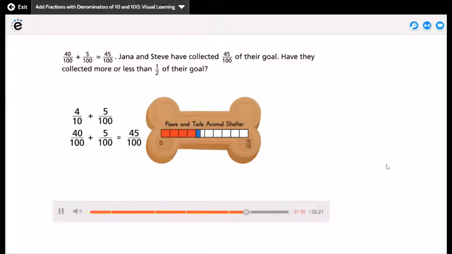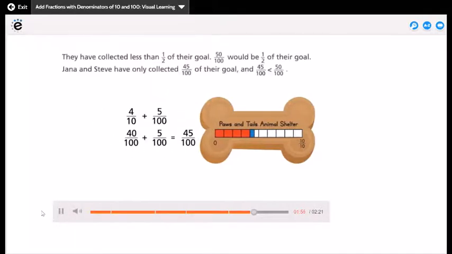Have they collected more or less than 1/2 of their goal? So half of 100 is 50. So they collected less than half. 50/100ths would be 1/2 of their goal.